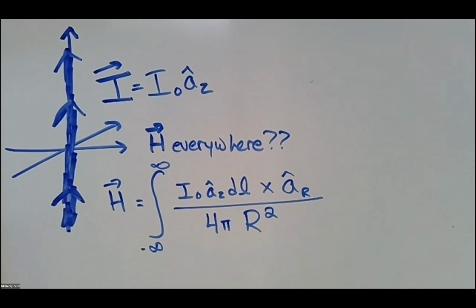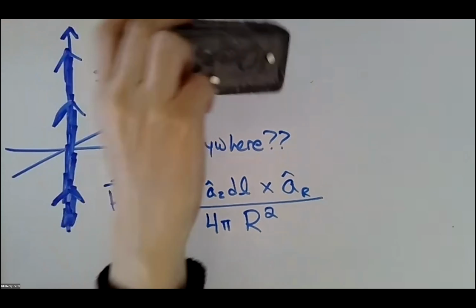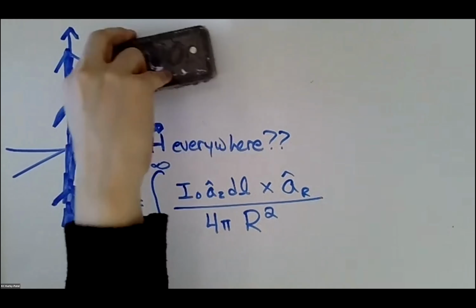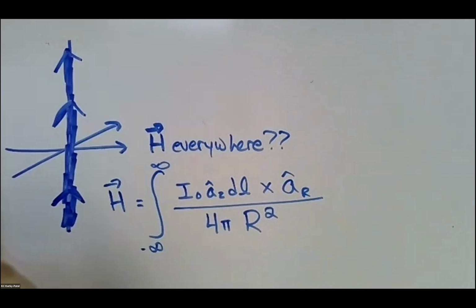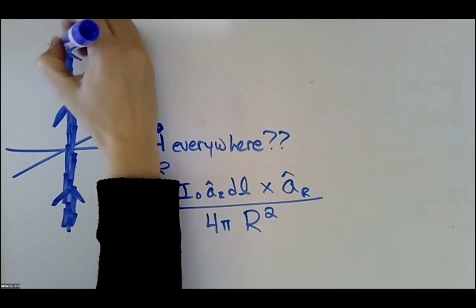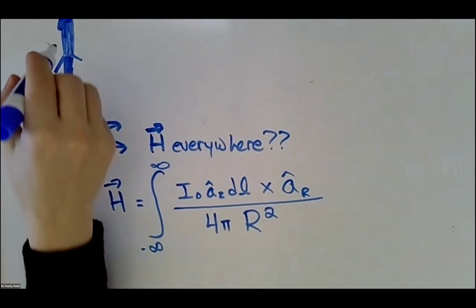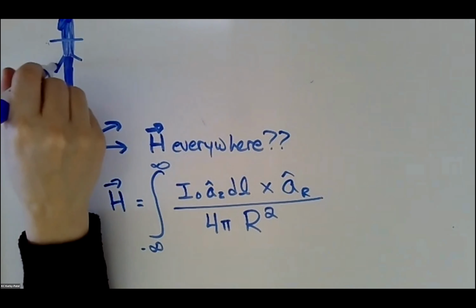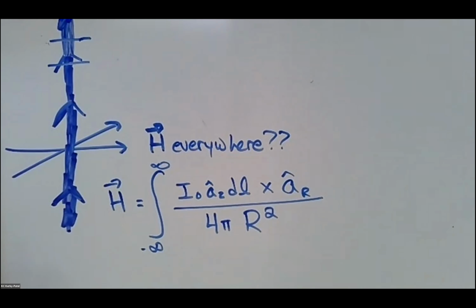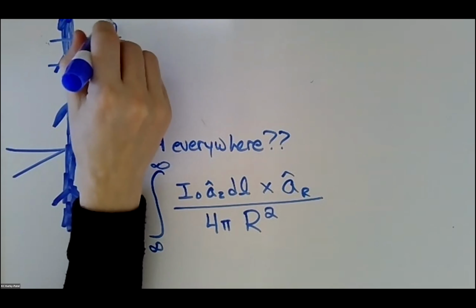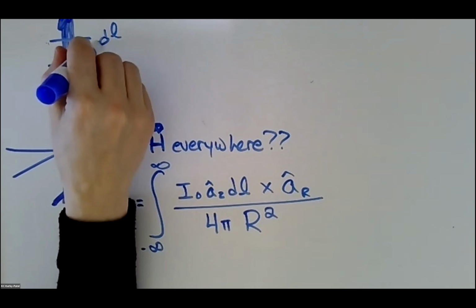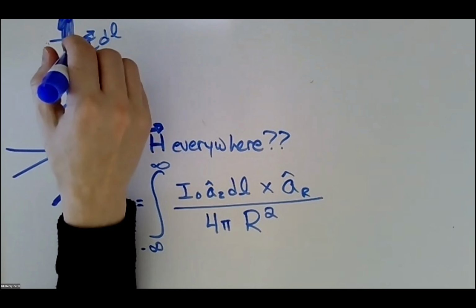like to make. Let's say that I choose, I'm going to move this because I need some space to talk about my symmetry argument. Let's say that I choose some differential length element up here, right? We'll make that dl. In fact, we'll make it a differential current element I dl.